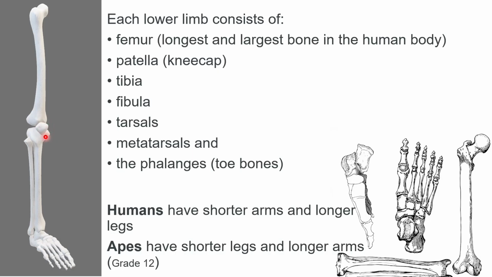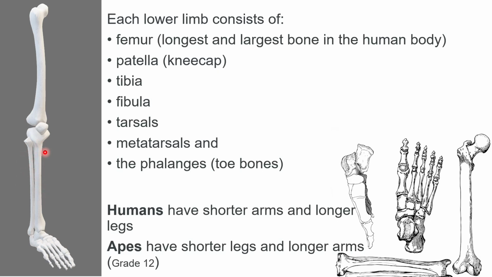And then we've got exactly the same as the arm. The lower part of the leg consists of 2 bones. Your tibia and your fibula.